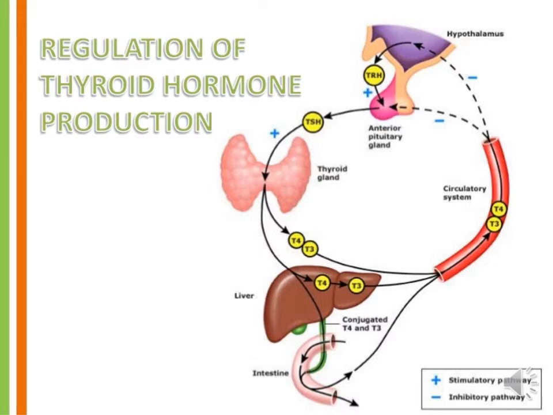The regulation of thyroid hormone production is a negative feedback mechanism by TRH and TSH.